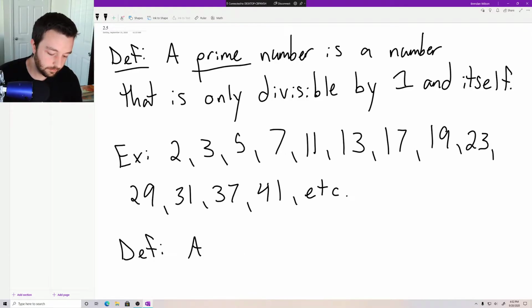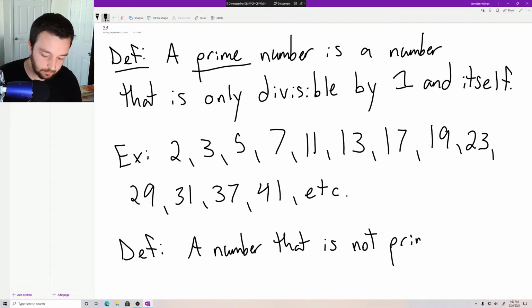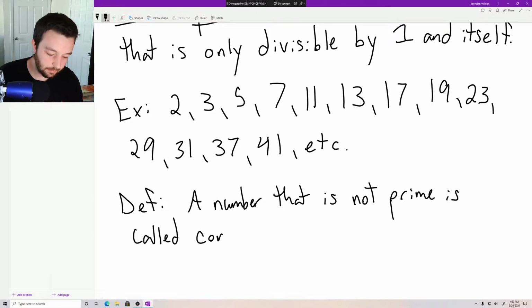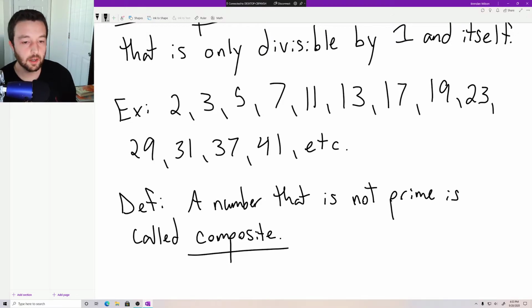A number that is not prime is called composite. Okay. Composite. So all whole numbers are either composite or prime.